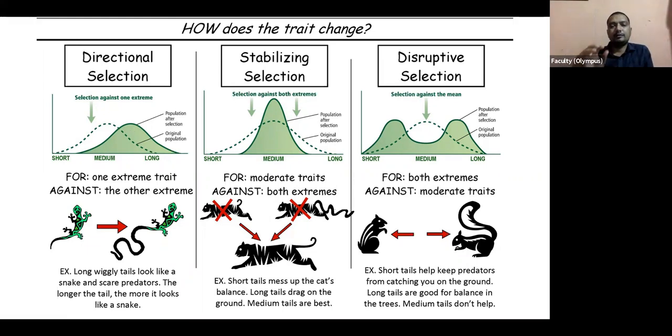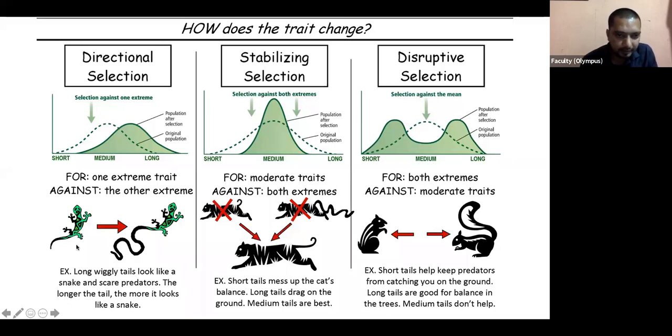But because of the fitness, the advantage of being tall, if it is favored, what happens? Eventually, this population will shift from this initial type to this green colored region you are seeing here. The taller people have survived because for some reason they have an advantage.